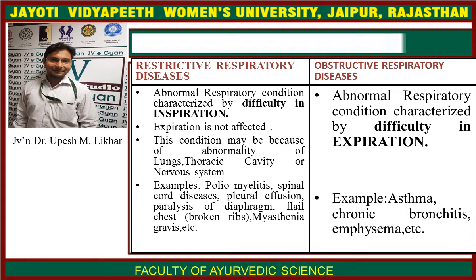In these diseases, expiration is not affected. This condition may be because of abnormality of lungs, thoracic cavity, and nervous system. Examples: poliomyelitis, spinal cord diseases, pleural effusion, paralysis of diaphragm, flail chest, and myasthenia gravis.